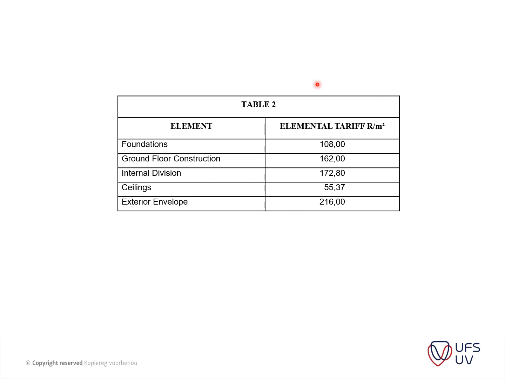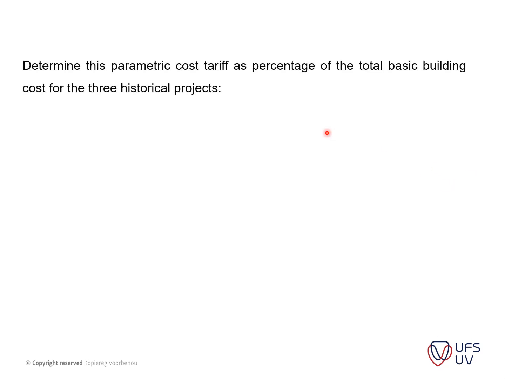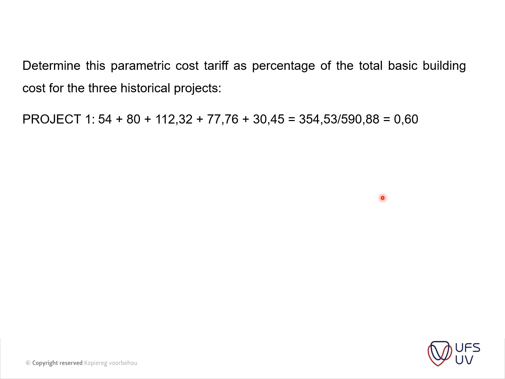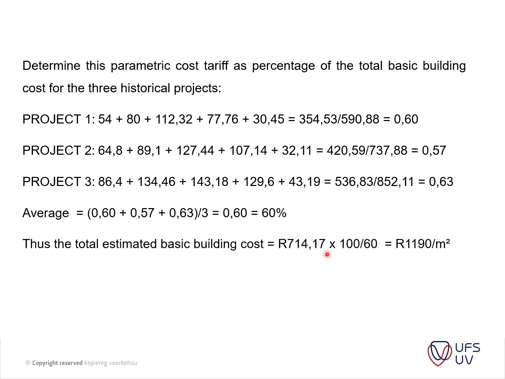Okay, so this is the table that we've shown earlier. This is how far you progress on your new project. You can see the 714 Rand per square meter, and then you determine the costs, just the explanation what I did already. Again, the three projects to get to the percentage contribution for those items on the historical projects, and then you calculate the average of that.